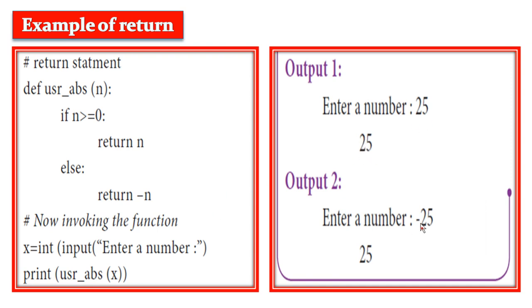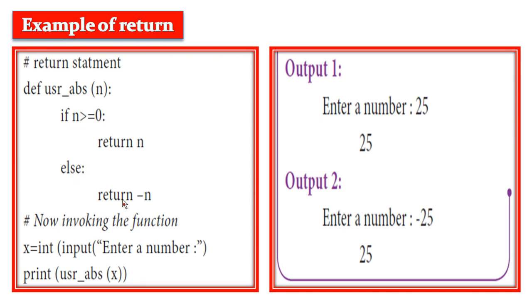If we give the value minus 25 for x, minus 25 is passed or copied to the value of n. Here this statement is not executed, the else case is executed, because minus 25 is less than 0, so this condition is false.